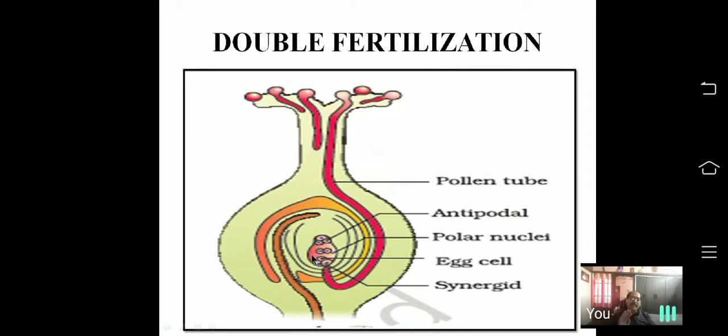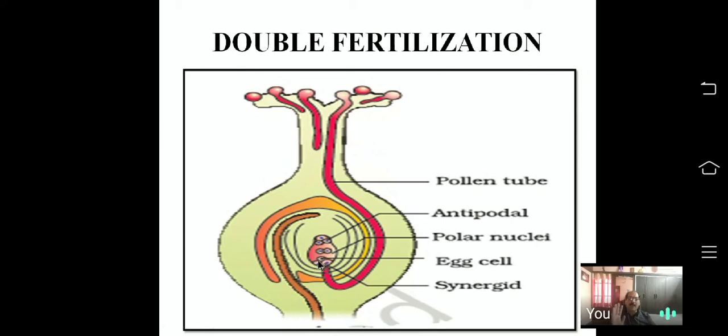Of the two male gametes, one male gamete or sperm is fused with this haploid egg cell. The haploid sperm is fused with the haploid egg to produce a diploid zygote.